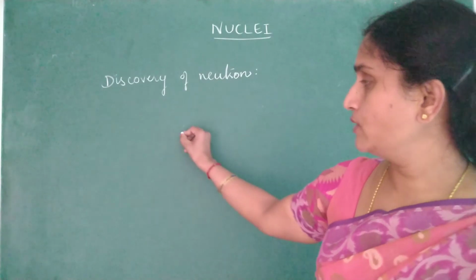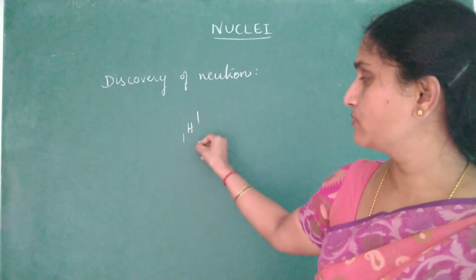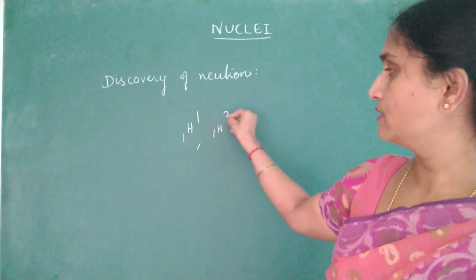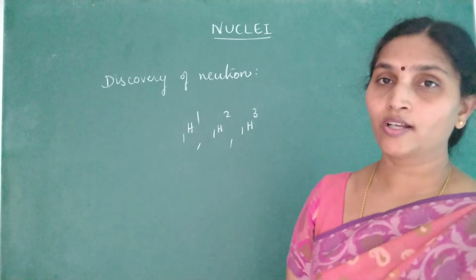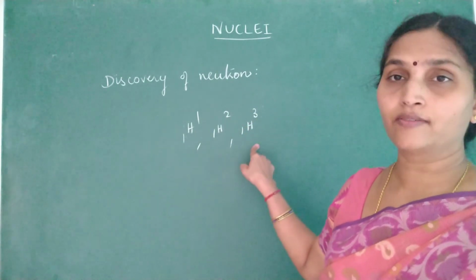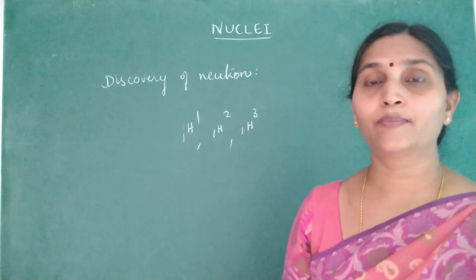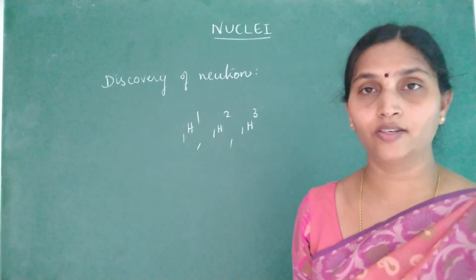So we know that hydrogen exists in three isotopic forms: 1H1, 1H2 and 1H3. All of them have the same atomic number 1, which implies all of them have one proton inside the nucleus.